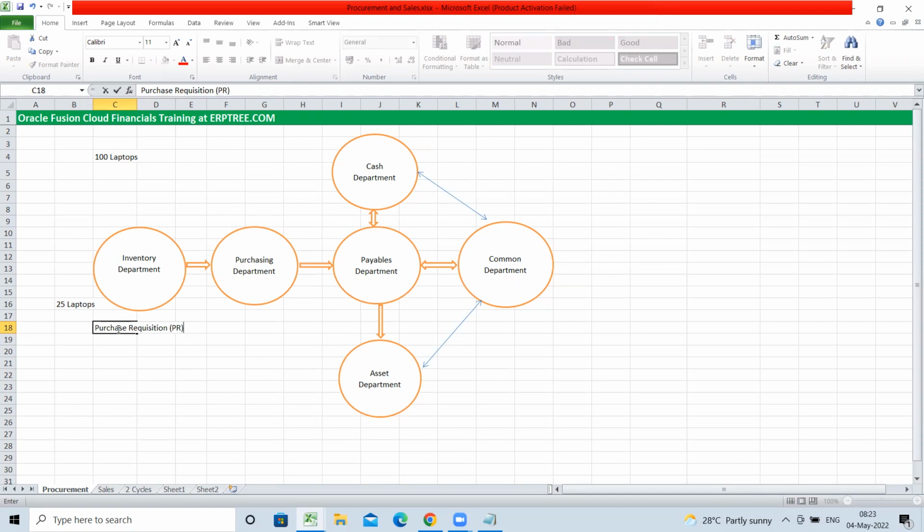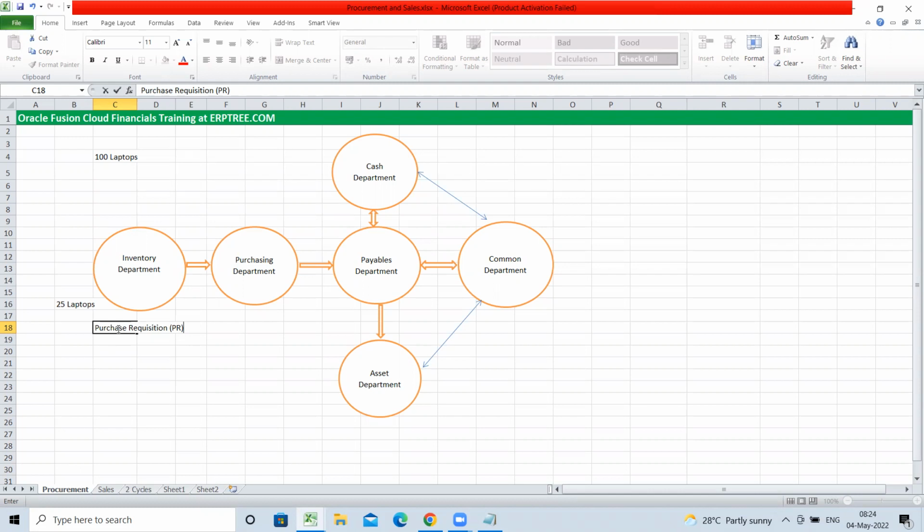If there is any shortage within the inventory department, the inventory department is responsible for raising the purchase requisition. What information will they include in the purchase requisition? Which item is required, how much quantity is required, how soon that item is required, and where that item is required, in which warehouse. Those details they can specify within the purchase requisition.